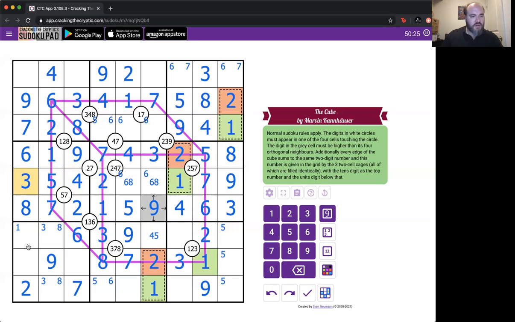Got a 6 and 8 going on here. What am I missing? I'm missing a 1 and not a 9 for this. It's a 5. So I'm missing a 1 and a 5. Okay, it's 1 and 5. 1, 2, 3, 4, 5, 6, 7.